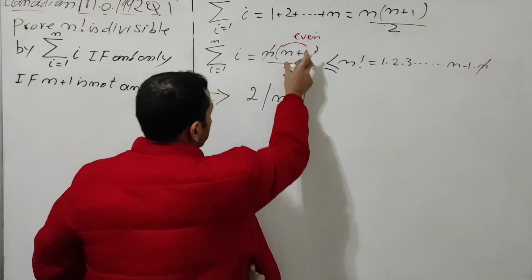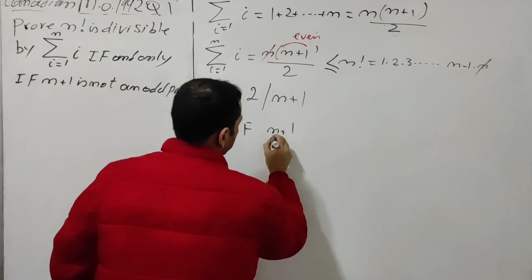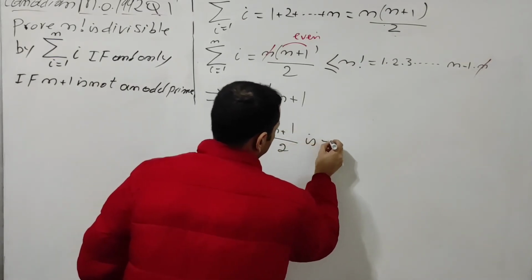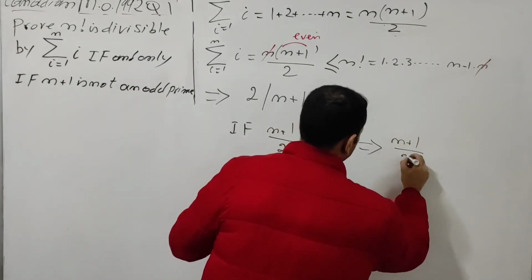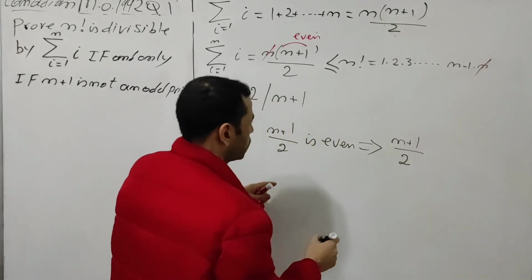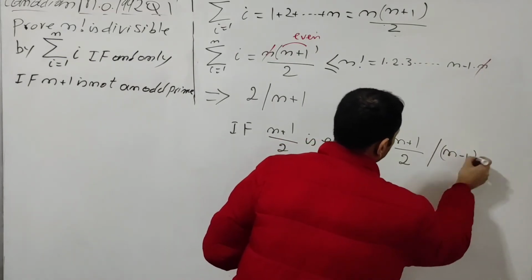So now if n plus 1 divided by 2 is even, it will divide n minus 1 factorial.